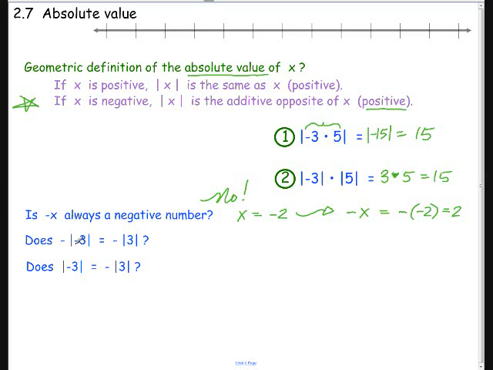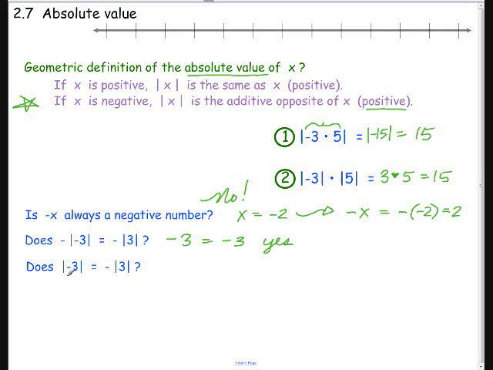Does the negative of the absolute value of negative 3 equal the negative of the positive value of negative 3? Indeed, it does, because what is the absolute value of negative 3? That's right, which is the same as this. So we say yes.